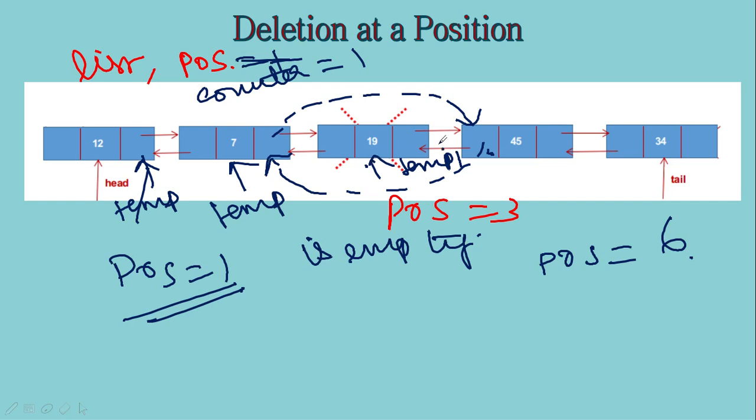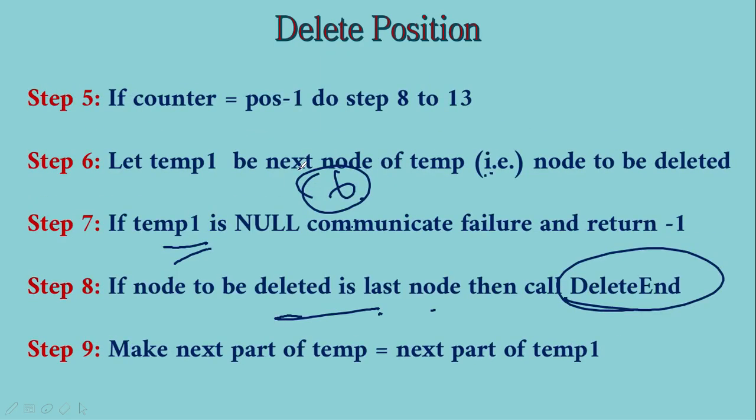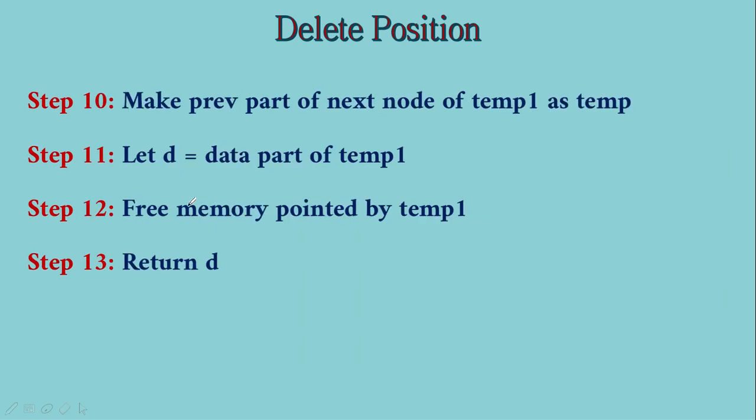Temp1 next refers to this node. Once again you use the dereferencing operator and say previous, then you are referring to this particular part, and make it equal to temp. This connection you have to establish. Then store the data in the data part of temp1 in D, free the memory pointed to by temp1, and return D.